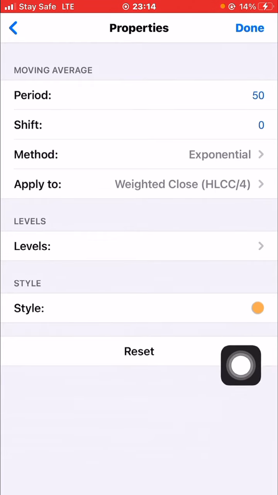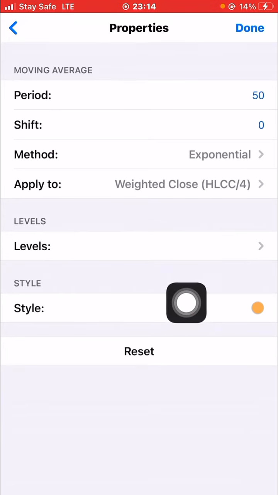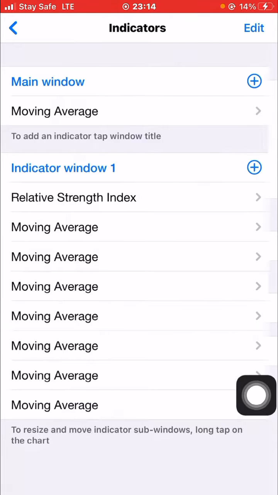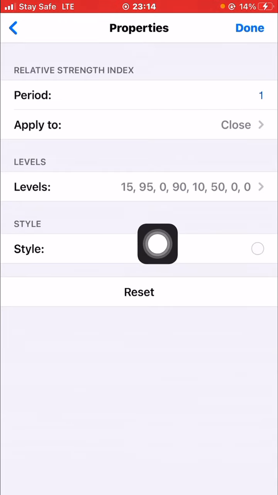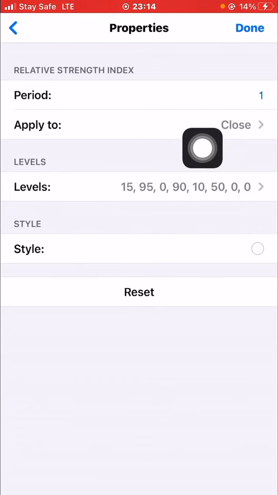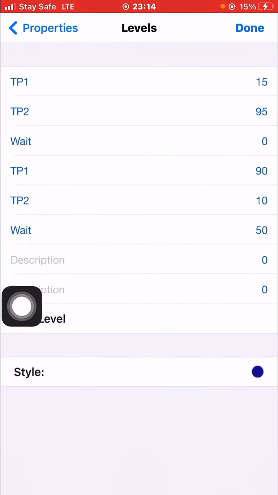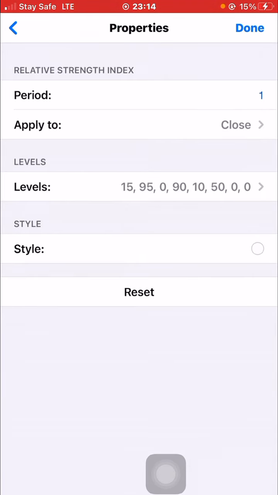Style, H4, so you can screenshot it so that it will be faster. I don't want this video to be very long. The next is RSI, relative strength index, period 1, applied to close. Levels, you can screenshot them: 15, 95, 0, 90, 10, and 50. Those are the levels we have. Color blue, you can choose any you like.